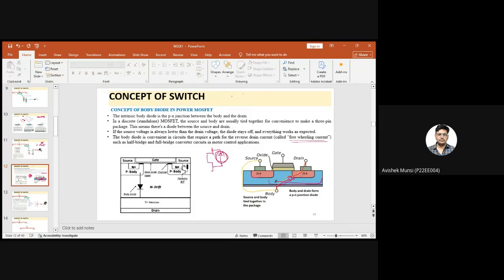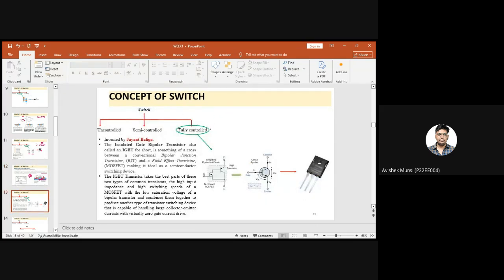Okay. In fully controlled switches, another famous example is IGBT. Basically IGBT has the properties of both the bipolar junction transistor BJT and MOSFET. If you see the simplified equivalent diagram, there is a BJT and a MOSFET, both connected to make the IGBT.